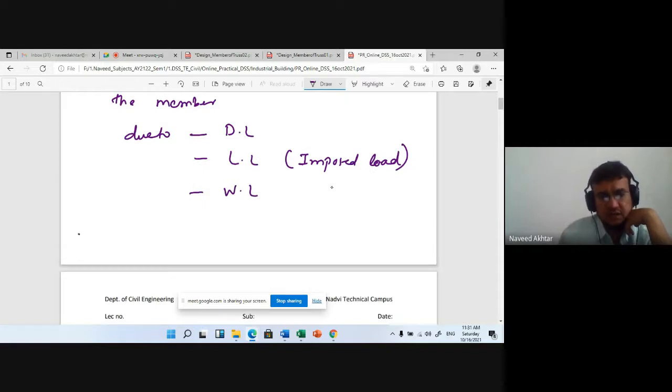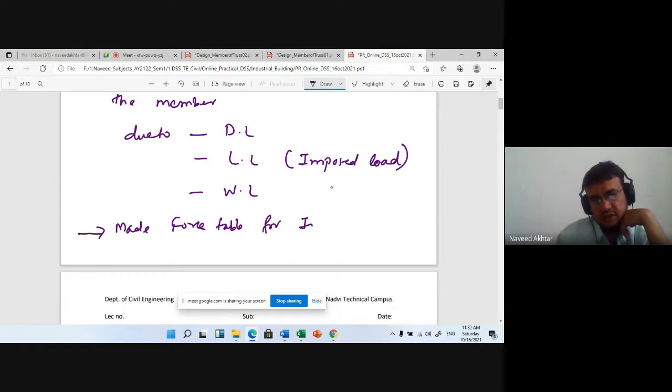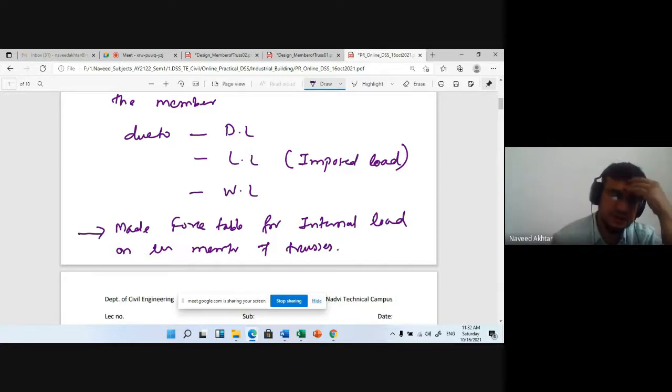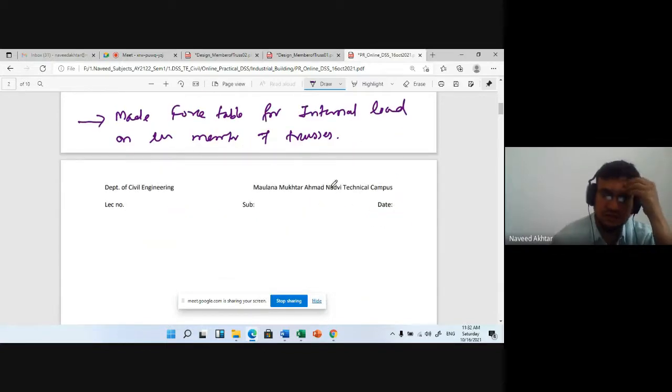Then after completion, we have made the force table for the internal load on the members of trusses. So that we have completed.